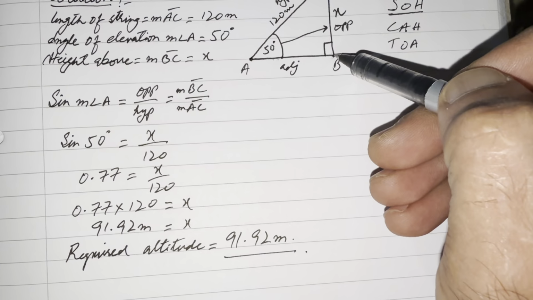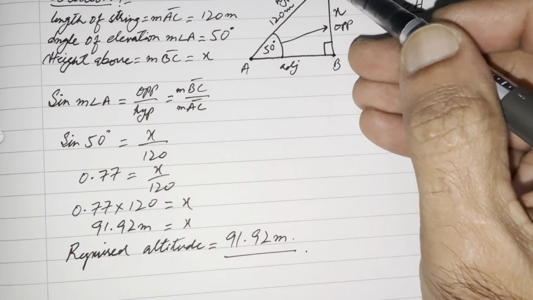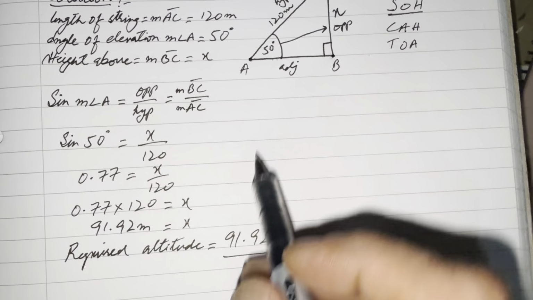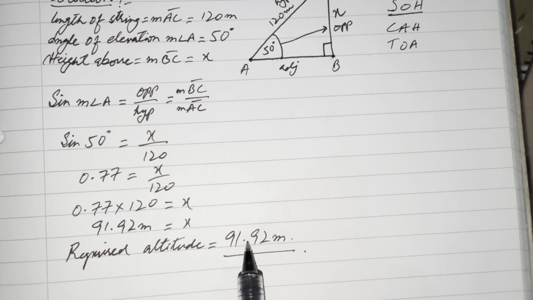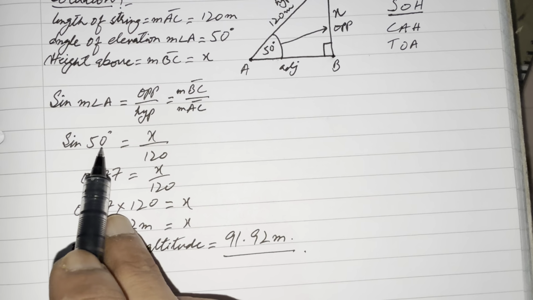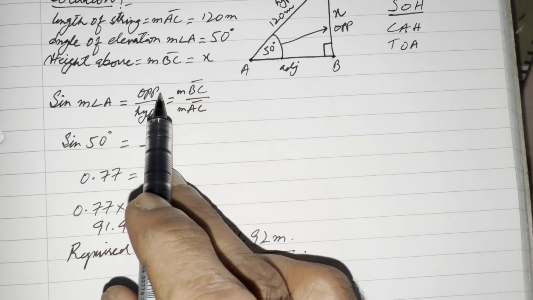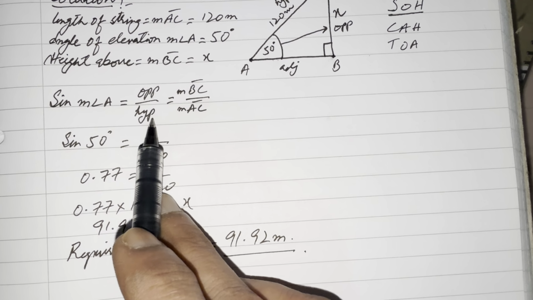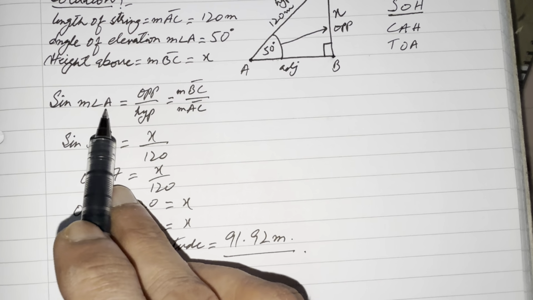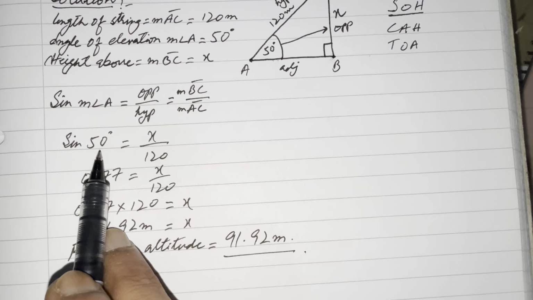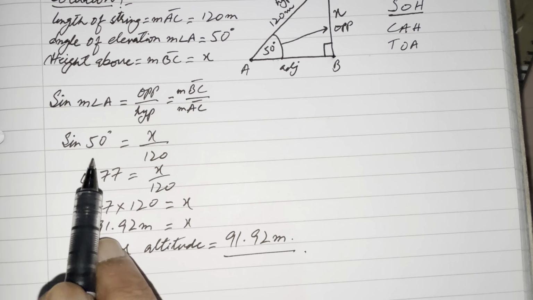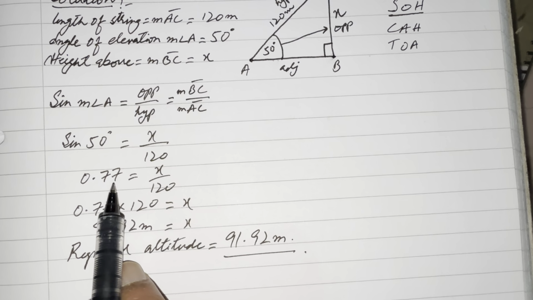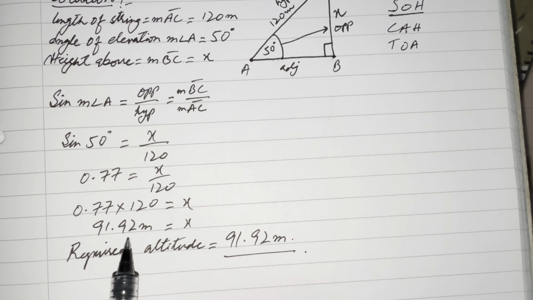We have to find the height from point B to C. So that altitude, that height, is 91.92, found by using sine 50, because the ratio between opposite and hypotenuse always equals sine. Sine of angle A is 50 degrees; we found on the calculator that it is 0.77, and then after simplification we get the altitude equal to 91.92.